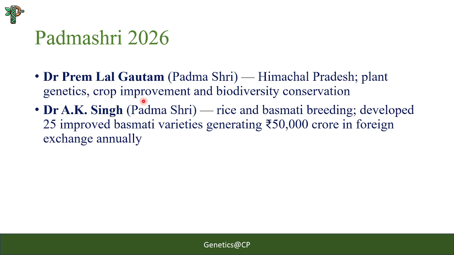Dr. A.K. Singh sir was the former director of IARI, and he released many basmati varieties that nowadays generate about 50,000 crores in foreign revenue. You should also read about the important contributions of these scientists; they are important for the examination.